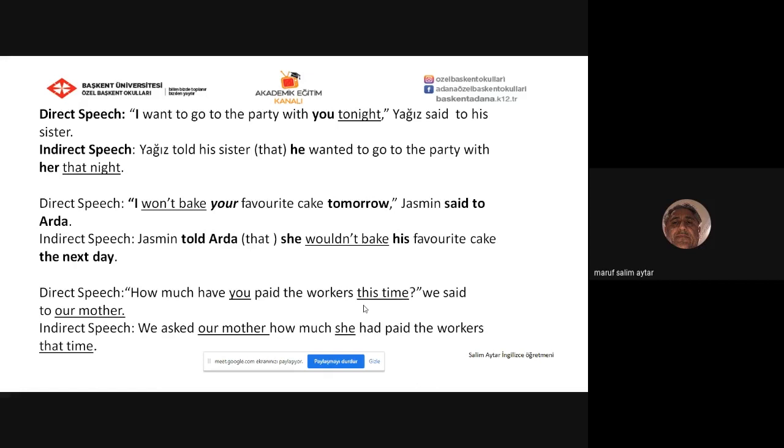Yasmin told Arda that she wouldn't bake his favorite cake the next day. How much have you paid the workers this time? We said to our mother. We asked our mother how much she had paid the workers that time.